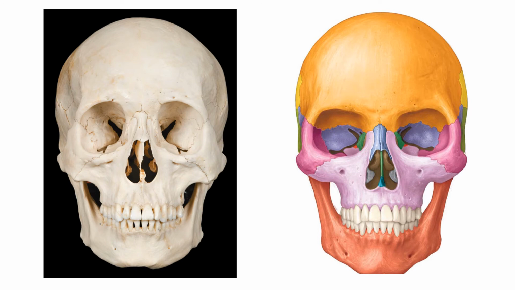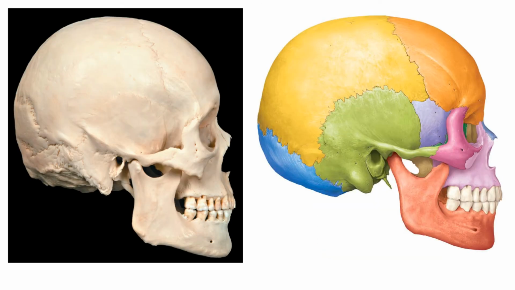Let's go to the next figure. Now, the only new structure in this lateral view is the external auditory canal. This is the opening toward the inner ear. We also can see the mental foramen here in the mandible.